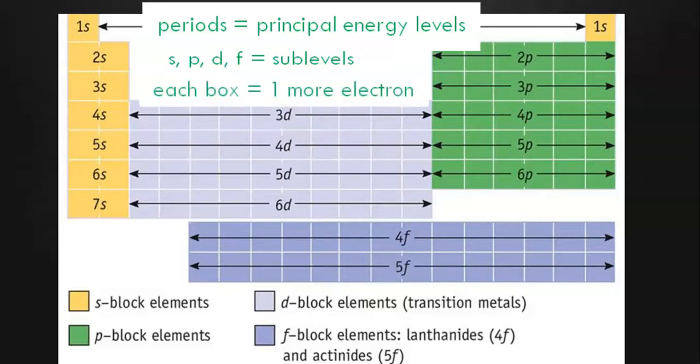Every time we go through one more box on the periodic table, we add one more electron. Notice the S block is 2 columns wide, the P block is 6 columns wide, the D block is 10 columns wide, and the F block is 14 columns wide.